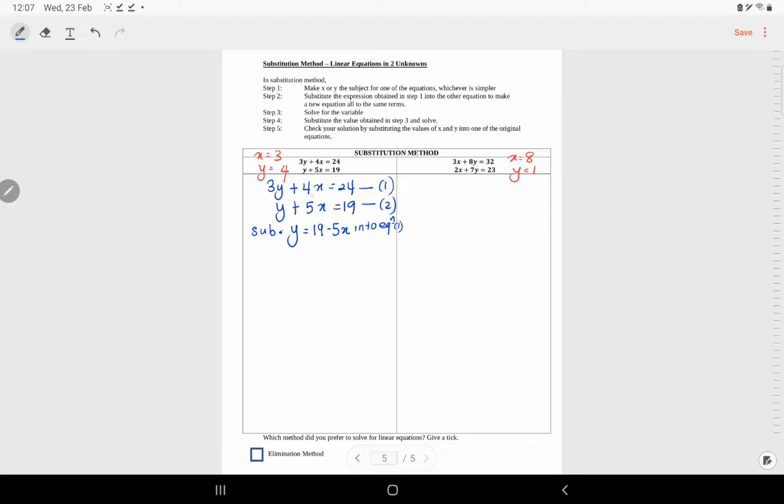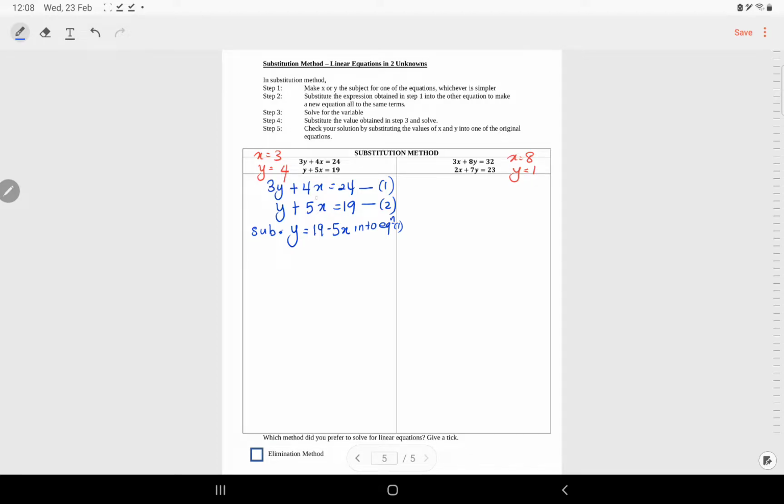So I've used equation 2 and made y the subject. I get 19 minus 5x, and I'm going to substitute this into my first equation, into the y here. By doing so, can you see that everything will be in terms of x? The idea is that you substitute one expression into the other equation to make all of the terms the same.